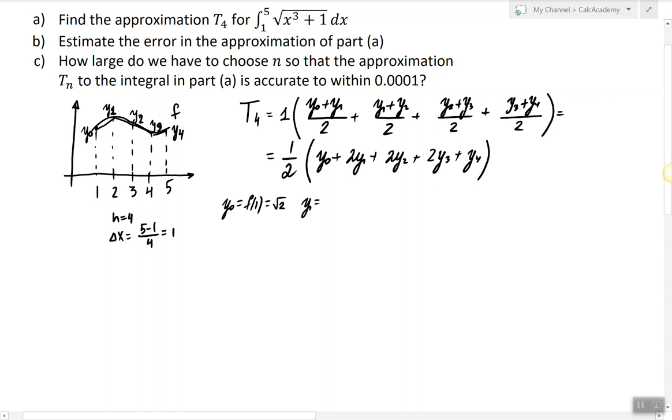What is y1? y1 is f of 2, so it's the square root of 9, which is 3. y2 is f of 3, so it's the square root of 28. y3 is f of 4, so it is the square root of 65. y4 is f of 5, so it's the square root of 126.